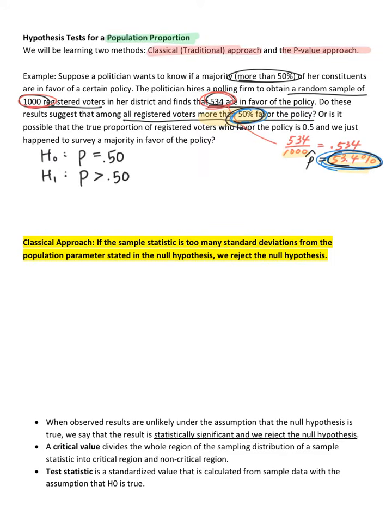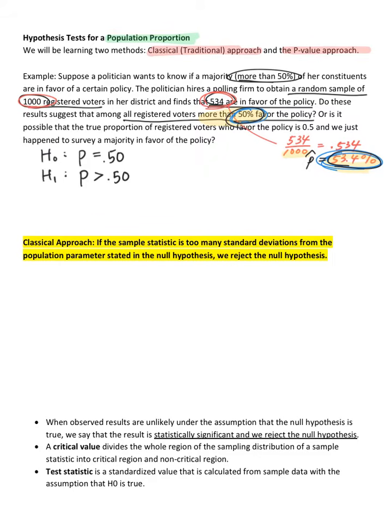If 53.4% is really different from 50%, that means 53.4% is considered unusual, which means that it is very unlikely to get a result like that purely by luck. And we're going to conclude that it is more likely that the true proportion of people who are in favor of the policy is more than 50%.